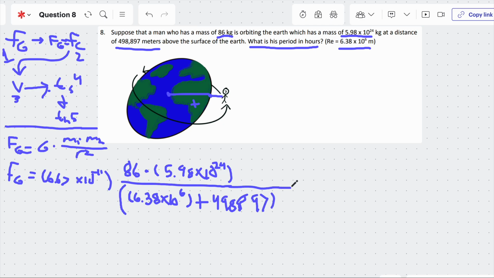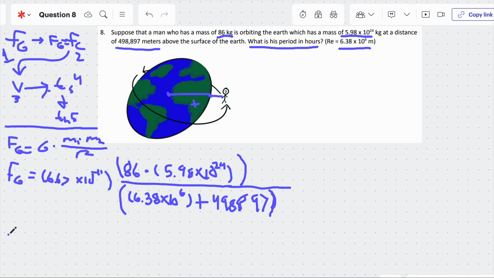Sweet. If you're wondering why I did all these parentheses, basically when you put this into a calculator, if you want to do this all at once, you can put those in parentheses too. What this tells the calculator to do is, okay, start with the smallest parenthesis, we do that, and then we multiply that by this thing out here. For the bottom it says, okay, we're multiplying this out first, and then we're adding in this. So it's not like we're adding this to this, and then multiplying it by 10 to the 6th. That would be a mess.